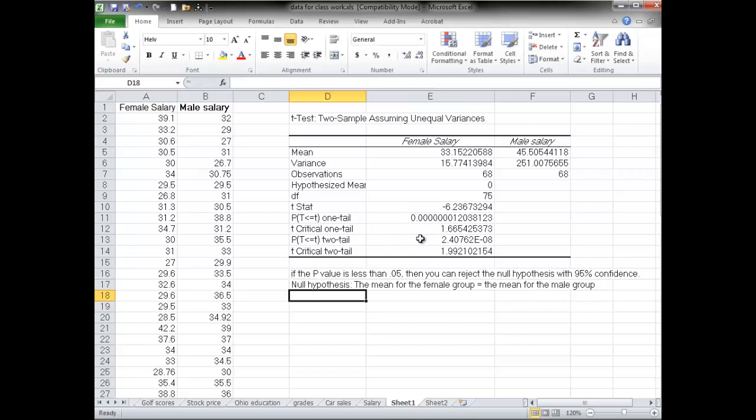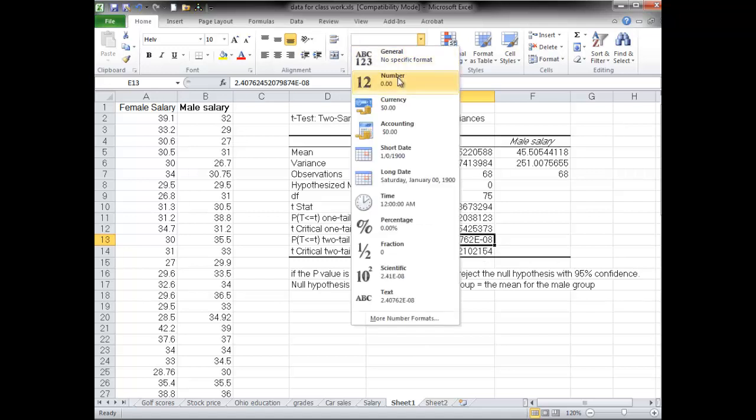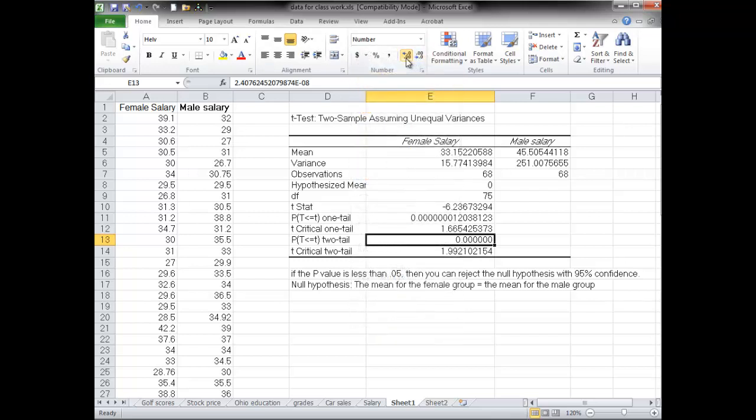So let's take a look at our P two-tail, since we are asking if there is any difference, higher or lower, between the two groups. Is this number bigger or smaller than 0.05? Well, I just explained the exponential minus 08 issue. Let me show it to you in real numbers, increase the decimal points.